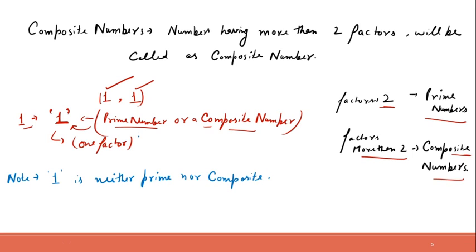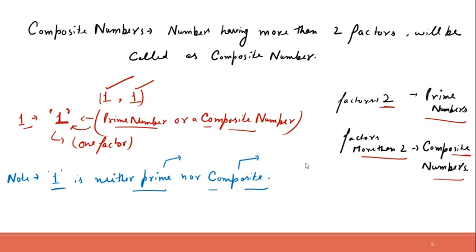Okay, so 1 is the exception here. Every number, no matter how big it is, will be either a prime number or a composite number. But 1 is the only number which is neither prime nor composite. Got my point? Every number will have at least two factors. Either it will have two factors or more than two factors.